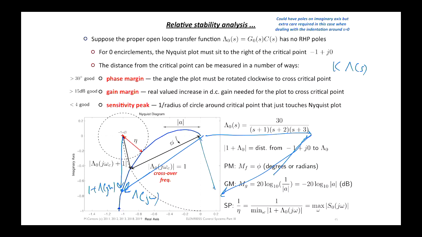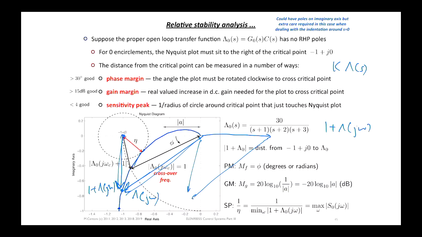I haven't drawn it to scale properly. This one's a bit too big. So if I drew one little vector, 1 plus this vector, right, will give me a little vector like that. That's this guy here. All right? So drawing from minus 1 to points on the Nyquist plot tells you about this at different frequencies, right?